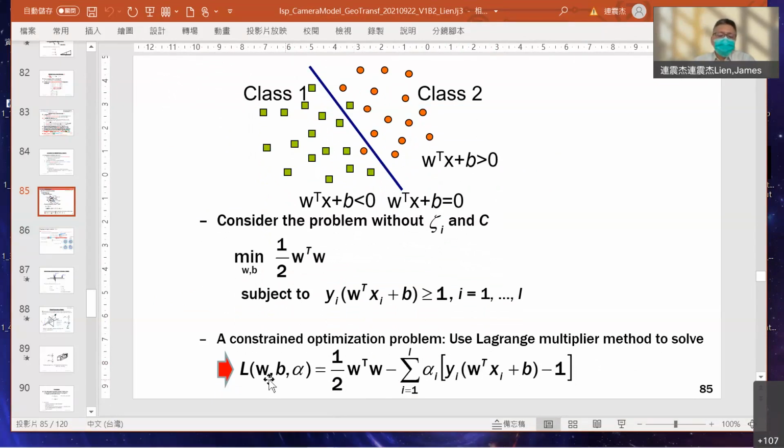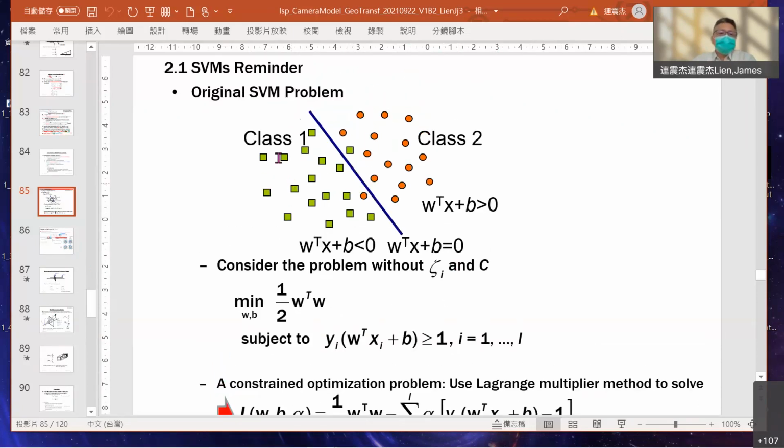Suppose right now you don't know W, you don't know B, and you don't know the Lagrange multiplier alpha. So, the same as the gradient descent method, you take the derivative with respect to W, B and alpha, differentiating each of the three.